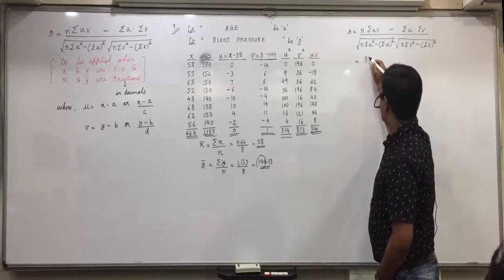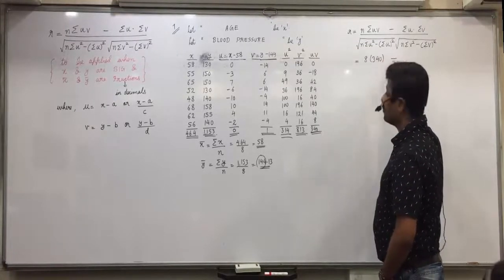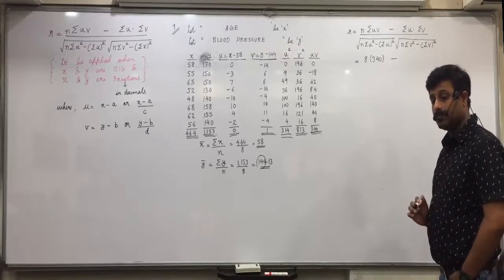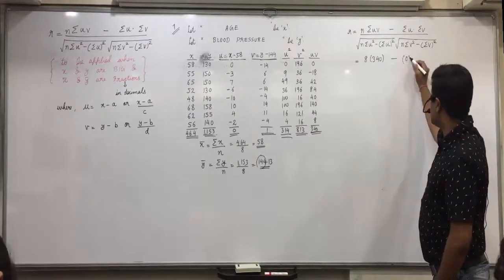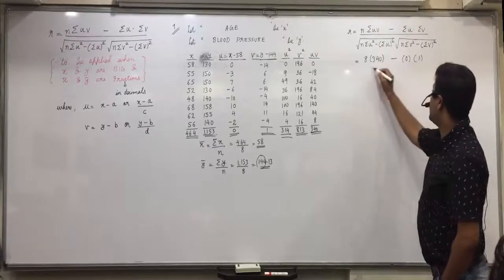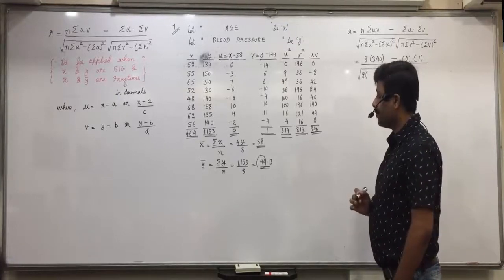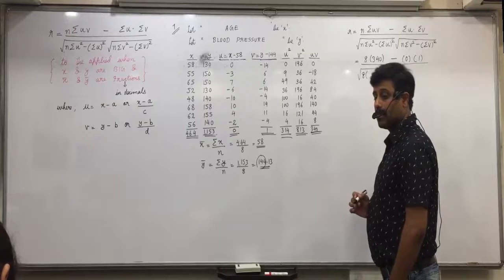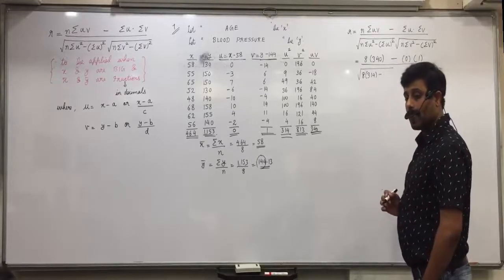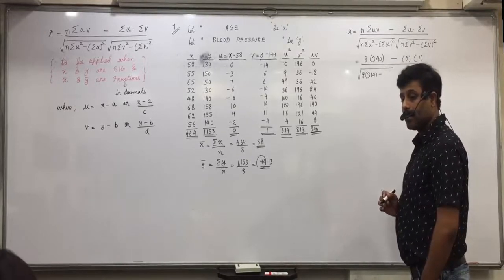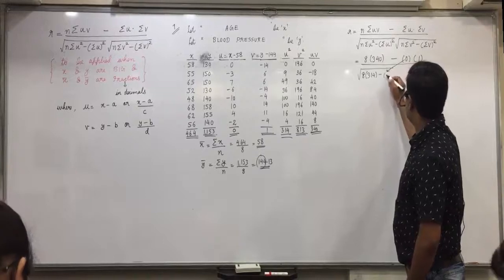Yes, n is 8. Further, sigma uv is 340, minus sigma u, which is 0, into sigma v, which is 1, upon square root of n, which is again 8, into sigma u square, which is 314, minus sigma u, that is 0, whole square.